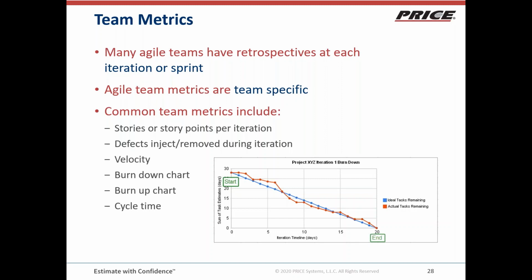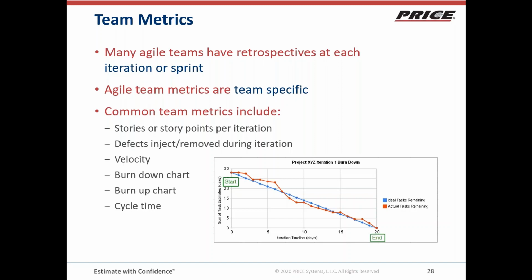Velocity, how quickly does this team burn down stories? So there's different ways of showing velocity. There's a burn up chart that shows how much you've gotten done and how much still has to be done based on probably story points or whatever metric your team is using for size. A burn down chart just shows how much you've gotten done. Burn up chart shows how much more has to be done.